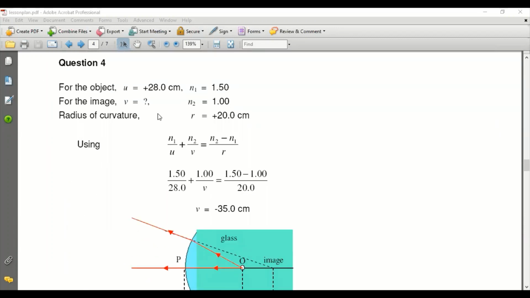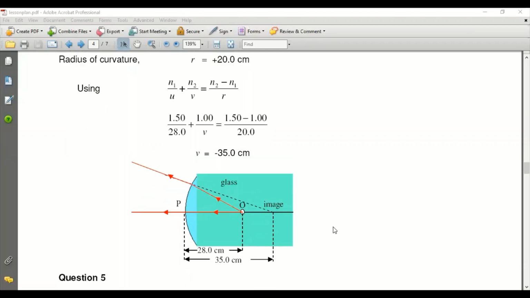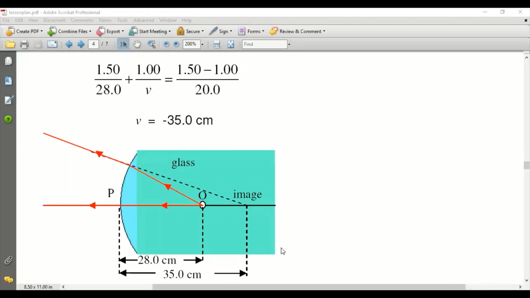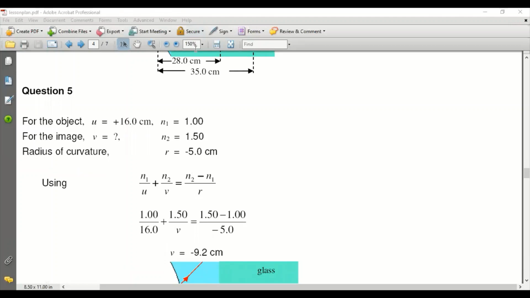Answer for question number 4. Answer for question number 5.